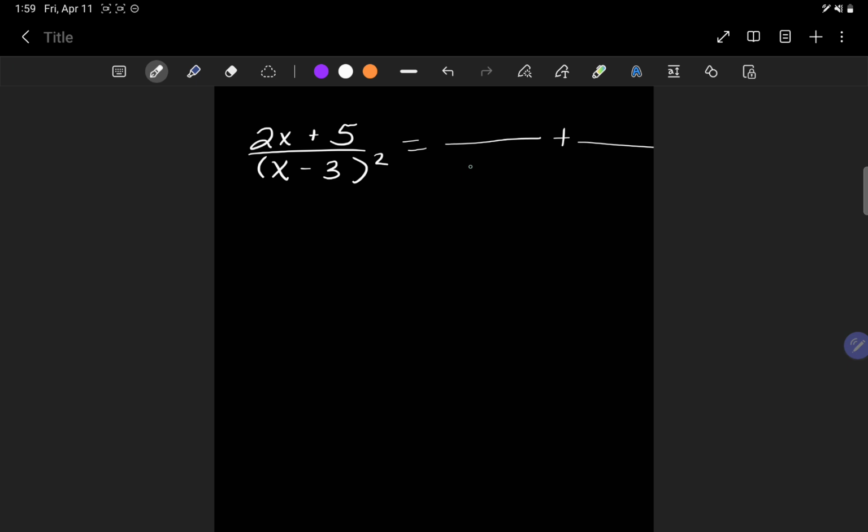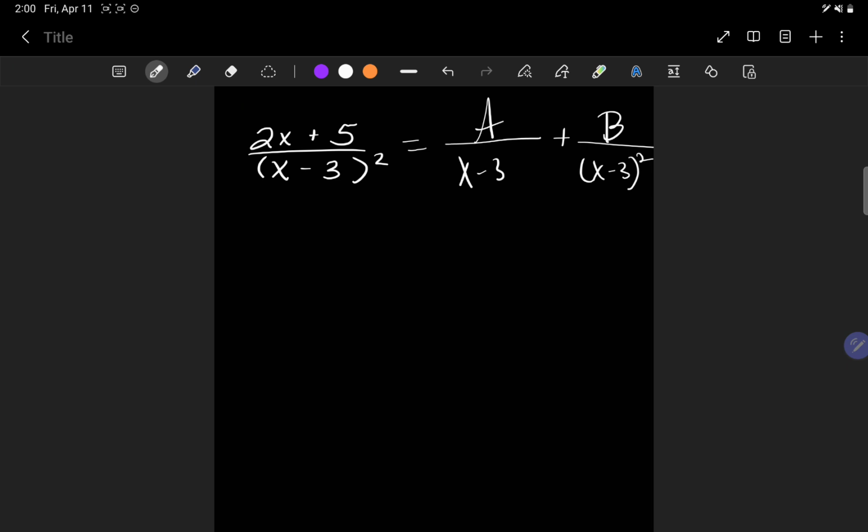Okay, so one of them could be x minus 3. But then the other one is going to have to be x minus 3 squared to be able to keep the common denominator being that x minus 3 squared. Okay, I see. And then I can still do my A and my B. All right. And then we can just do the process again.